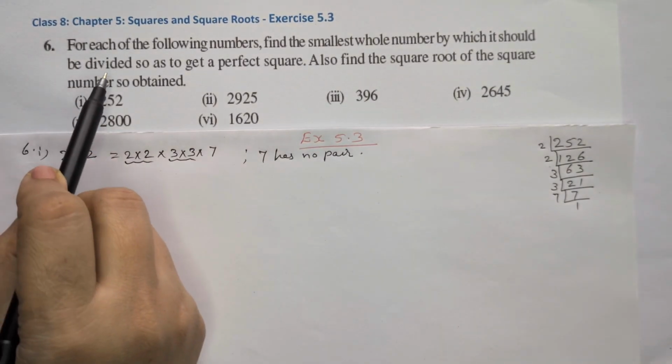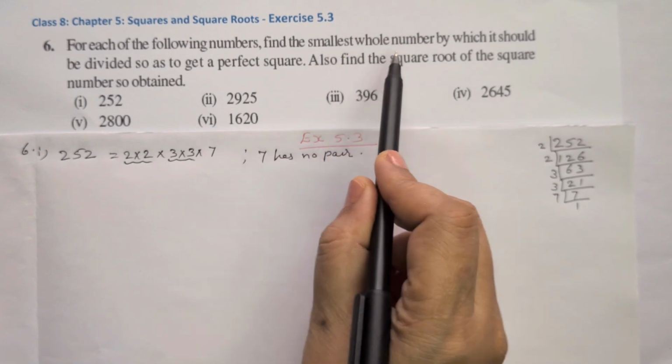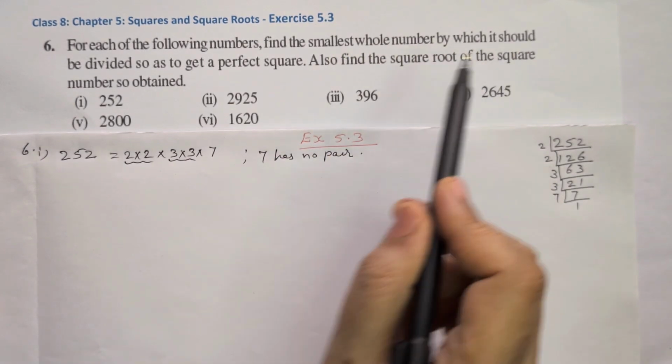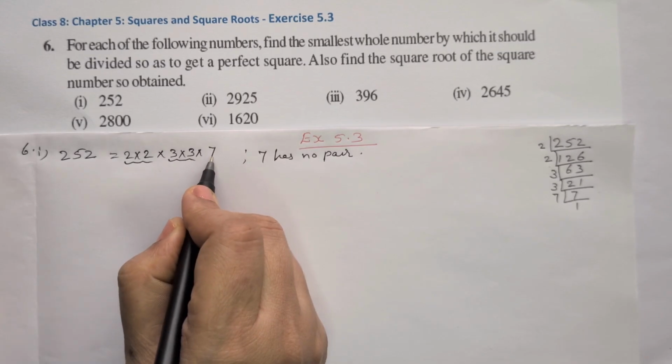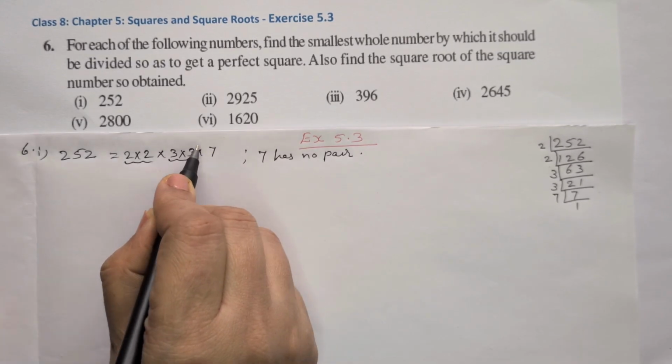Here the question is to find the smallest whole number by which it should be divided. So 7 is without a pair, which means we have to remove that.